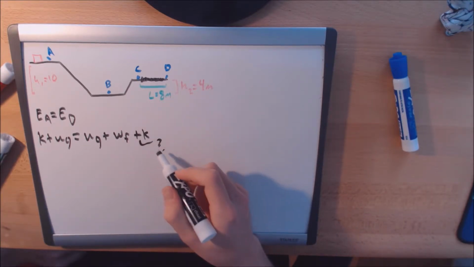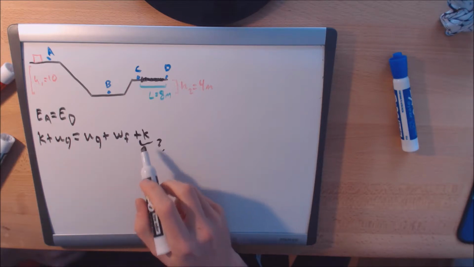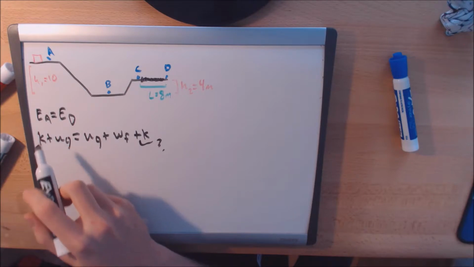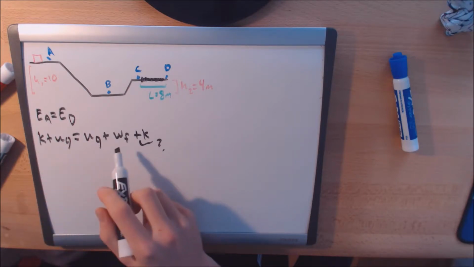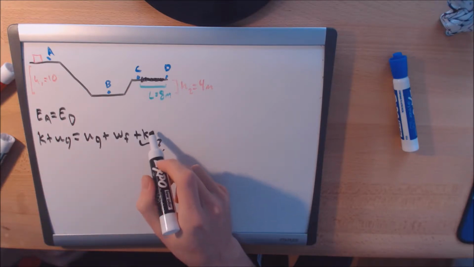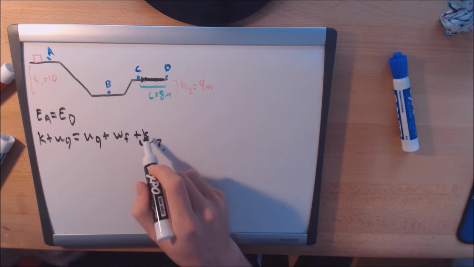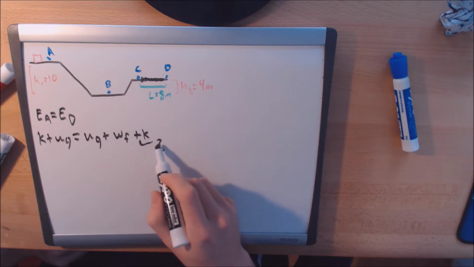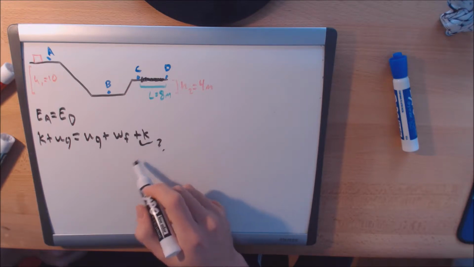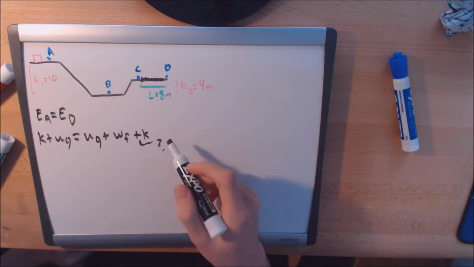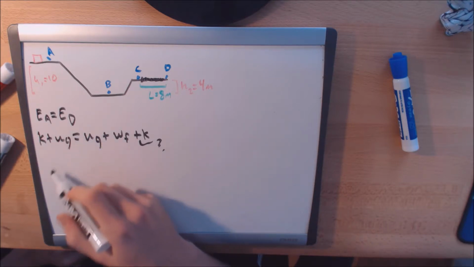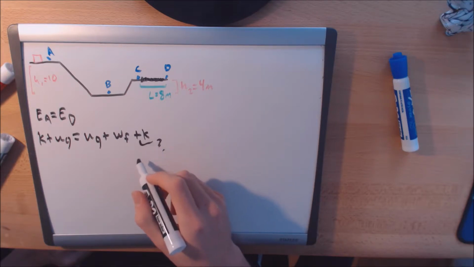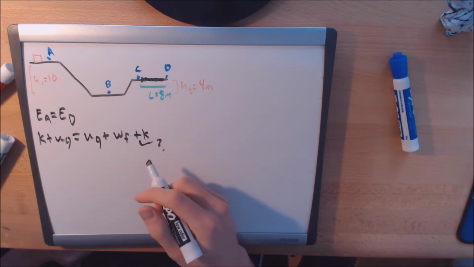So what we can do is work out the equation without our kinetic, and if our energy at A ends up being bigger than our energy at D, we know that the reason that there's less energy on the D side is because we never included the kinetic component. So there must be a kinetic component at D. But if the energy at D is equal to the energy at A when we don't calculate the kinetic component, we know that there is no kinetic component.